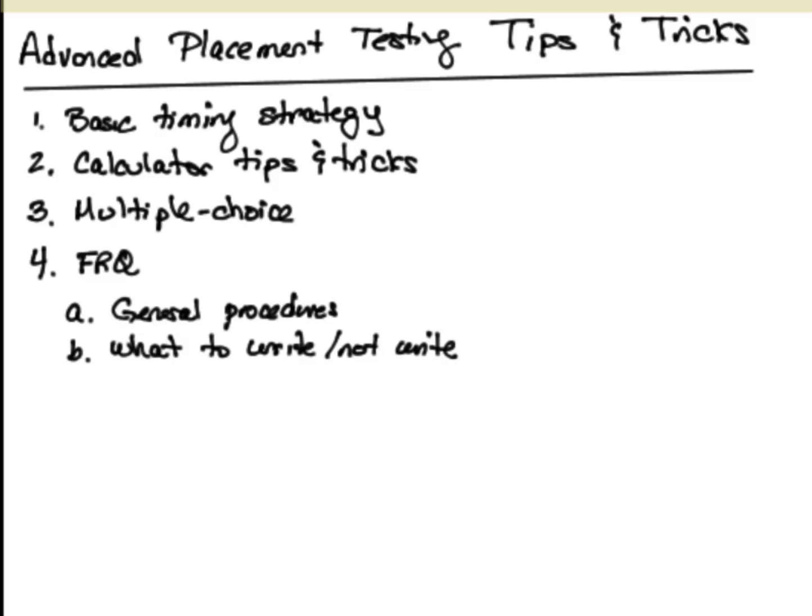So for example, if the problem says in calculus, find the minimum, the student would write, the first thing I'm going to do is find the critical values. Then the next thing I'm going to do is look to see if the derivative changes signs around that critical value. That will tell me if it's a min or a max. That's lovely and correct and will get you no points. Don't tell me what you're going to do, just do it.